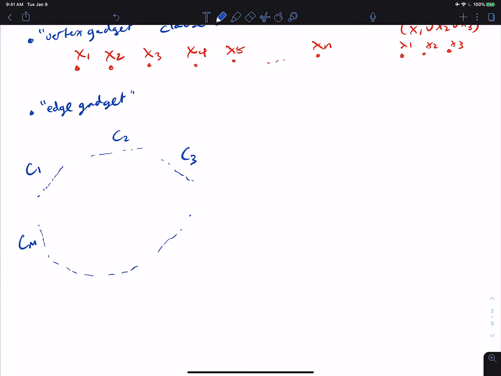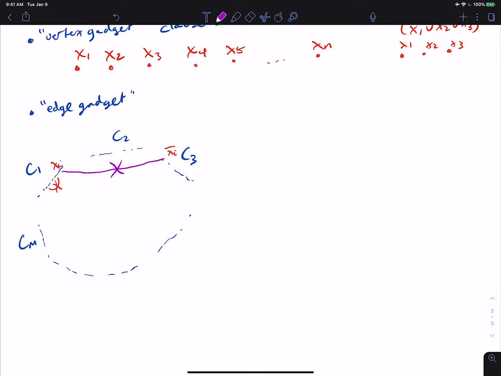So what are we going to do? Well, what we are going to do is no vertices are going to be connected to another one within the same clause. So the edges can only go from one clause gadget, one vertex gadget, to another vertex gadget. But we're not going to put every edge in. So let's say that if we have xi over here and not xi over here, then we're not going to form an edge between these two.